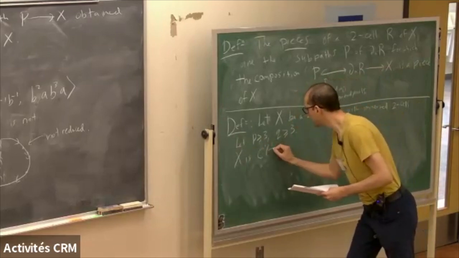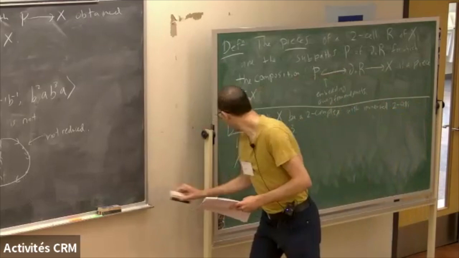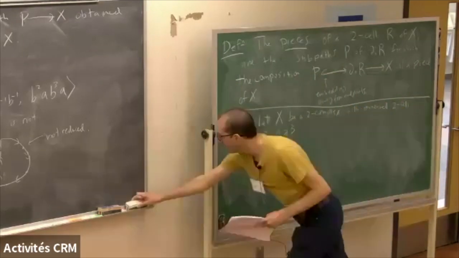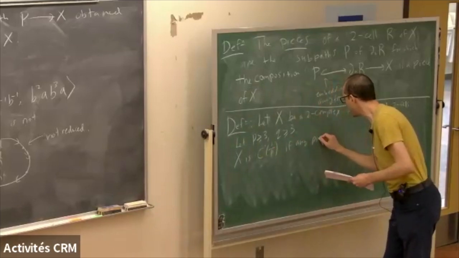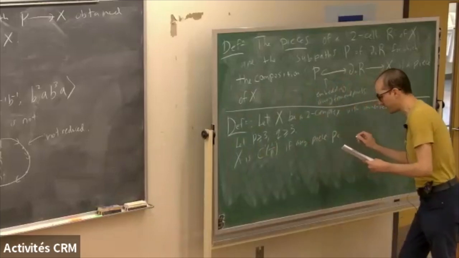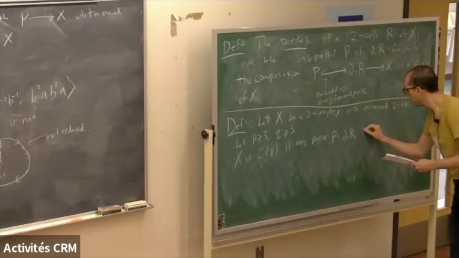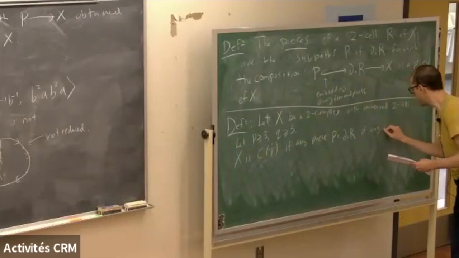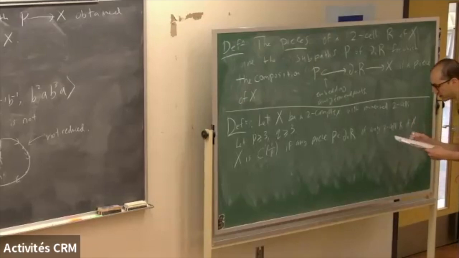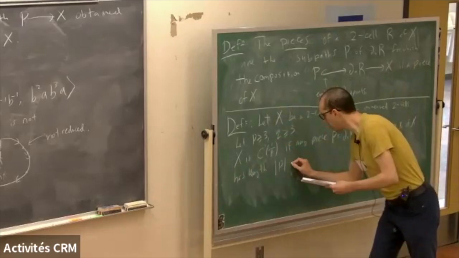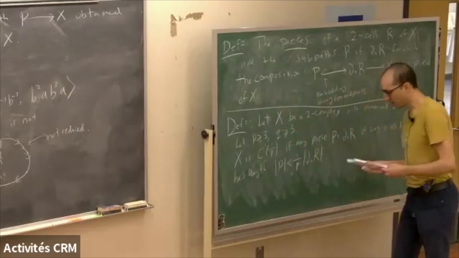X is C prime of 1 over P if any piece in the boundary of any two-cell R of X has length strictly less than 1 over P times the total boundary length of R.